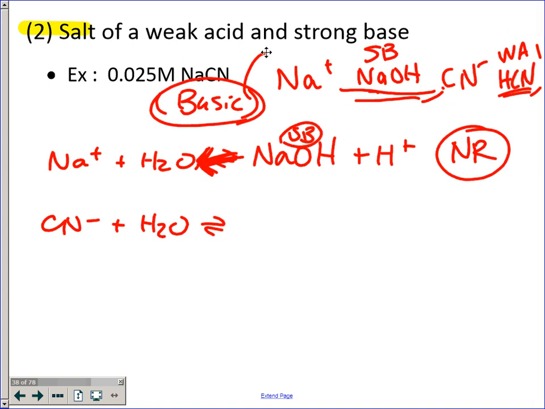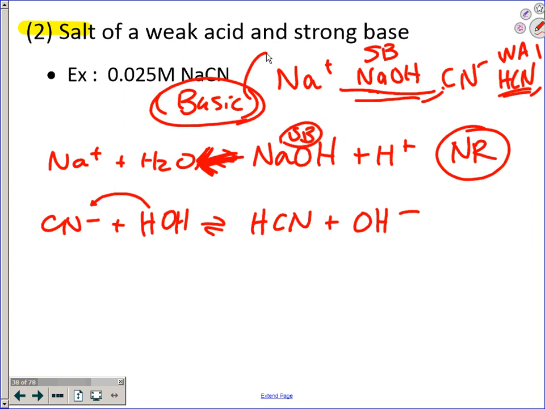So then cyanide will interact with water to make what? Cyanic acid and hydroxide ion. So if you prefer to write water like HOH, you can see that replacement reaction occur a little bit better. So the H goes over here and bonds with cyanide, leaving hydroxide left over.